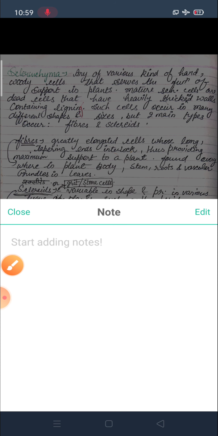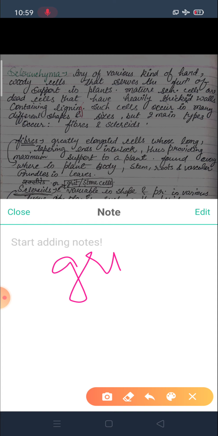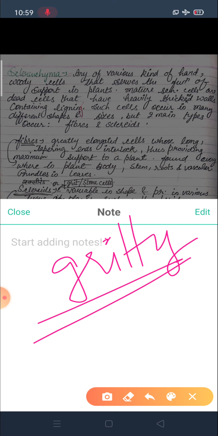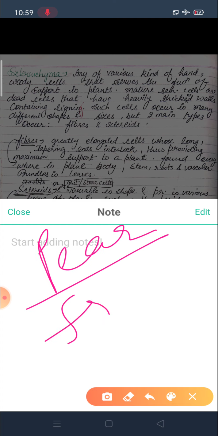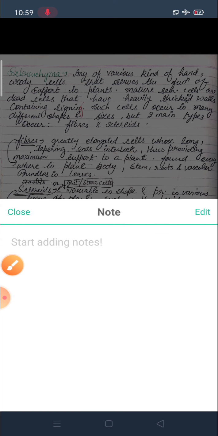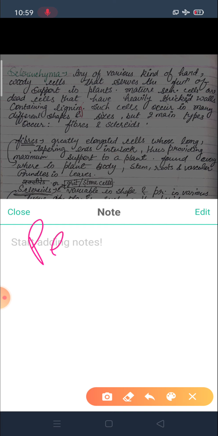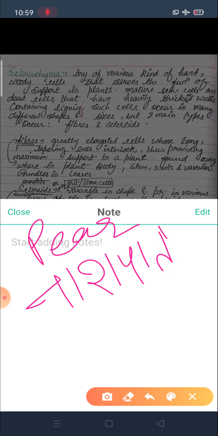If we talk about the sclereids, what are these sclereids? These are the grit-like, gritty substance. Let's take the example of the pear, a fruit. In Hindi, it is known as nashpati.